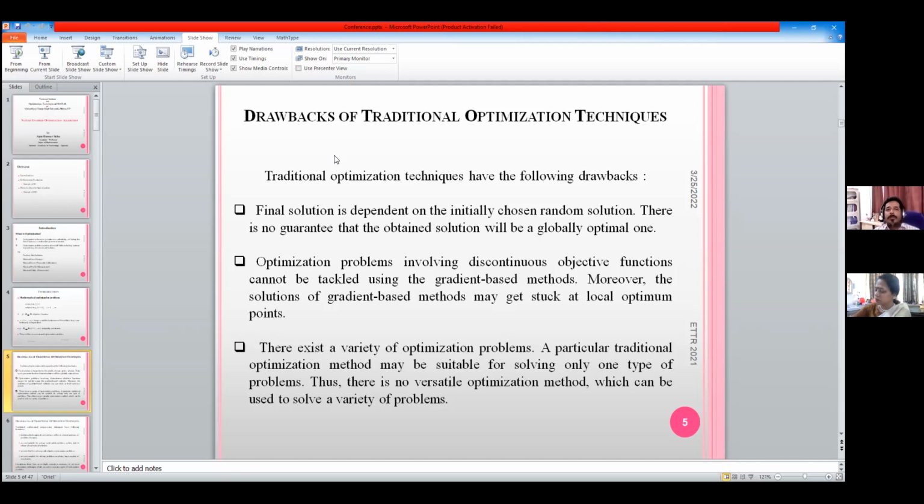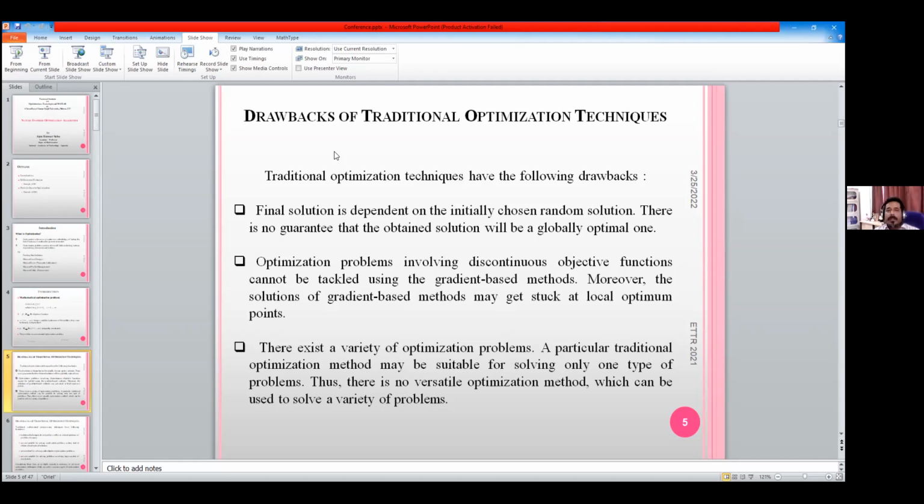If there are a lot of optimal points in a function, there is no way out for traditional optimization to come out of the local optima, because almost all of these methods have a common deficiency: they generally have a tendency to get stuck in local optima. That is the major problem when multimodal problems come. So they cannot come out of the local optima.